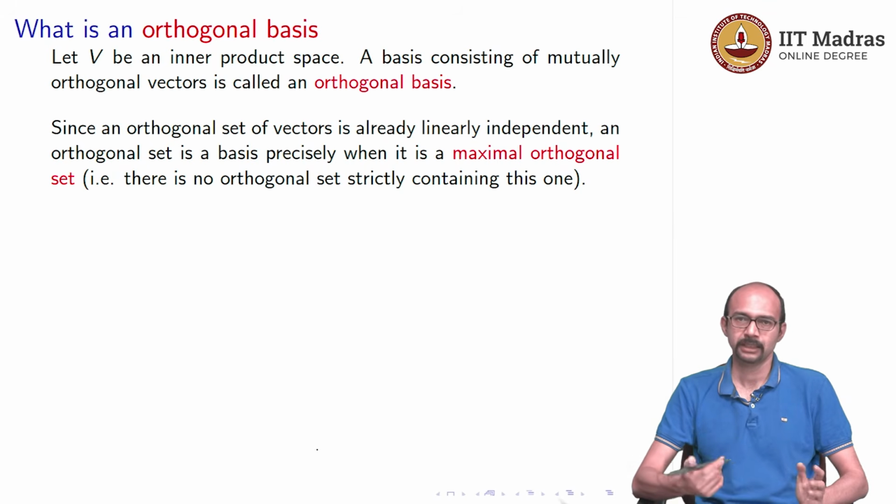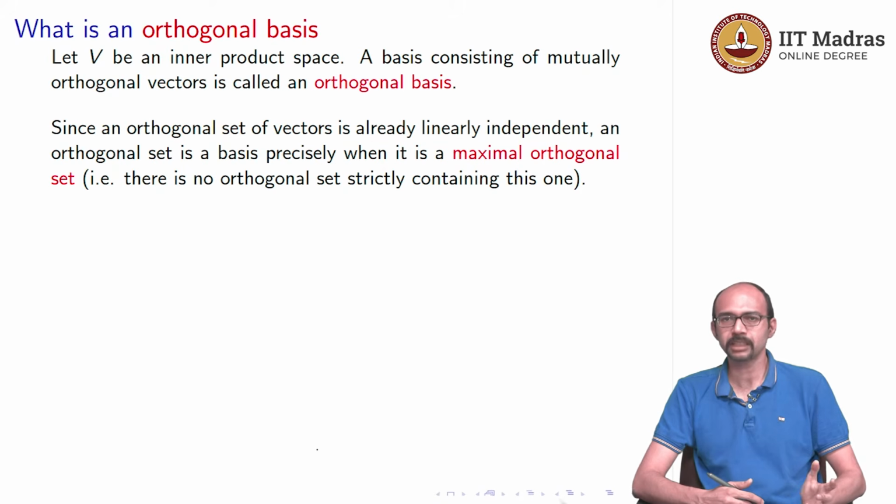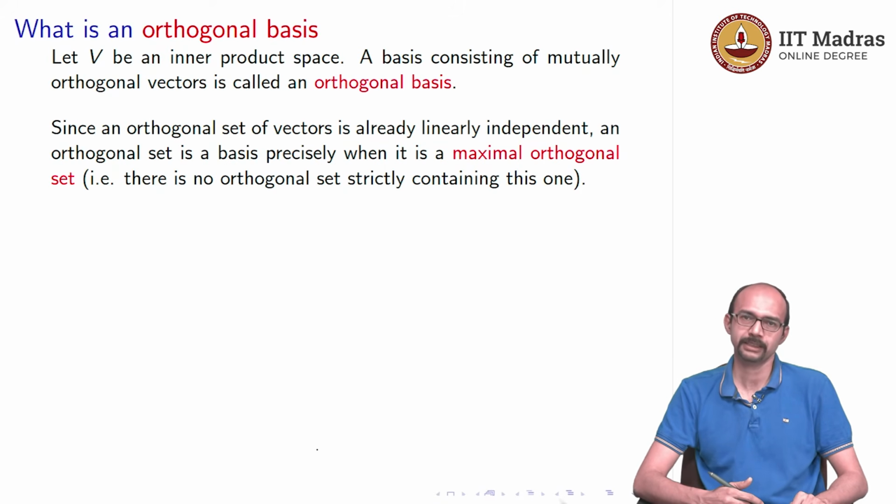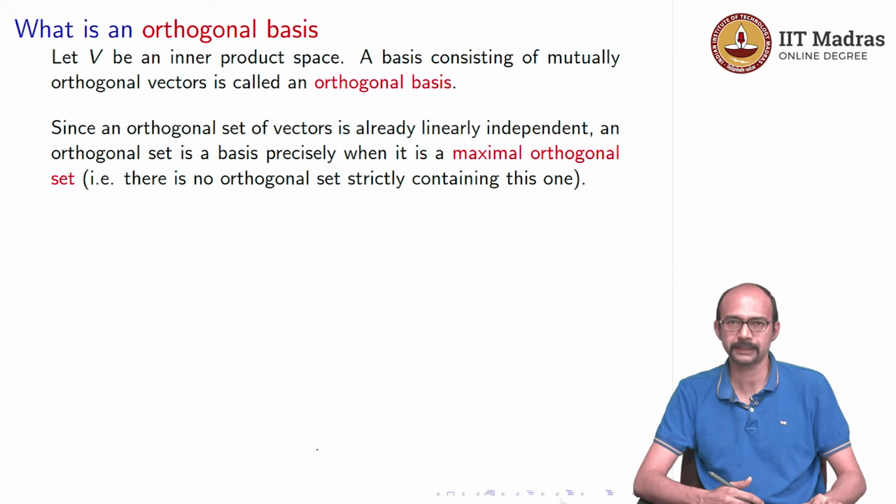Because when is a linearly independent set a basis? When it is a maximal linearly independent set. So, if it is already orthogonal, then that is the same as saying it is a maximal orthogonal set or a maximal linearly independent set. So, what does maximal orthogonal set mean? It means there is no orthogonal set which strictly contains this set.